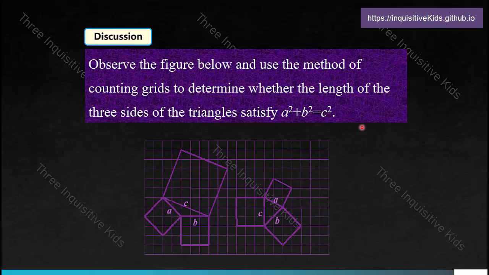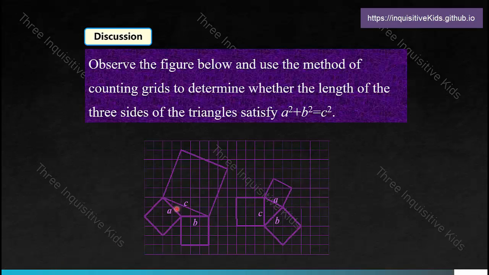Now, here's some discussion. Observe the figure below and use the method of counting grids. So you're just going to count the grids right here to determine whether the lengths of the three sides of the triangle satisfy A squared plus B squared equals C squared. So here's what we're going to do.